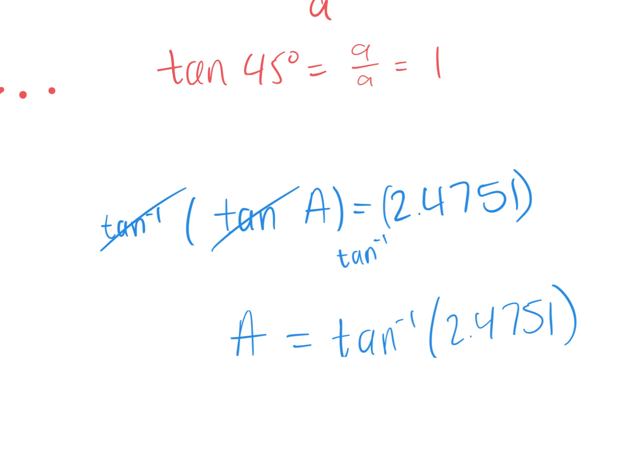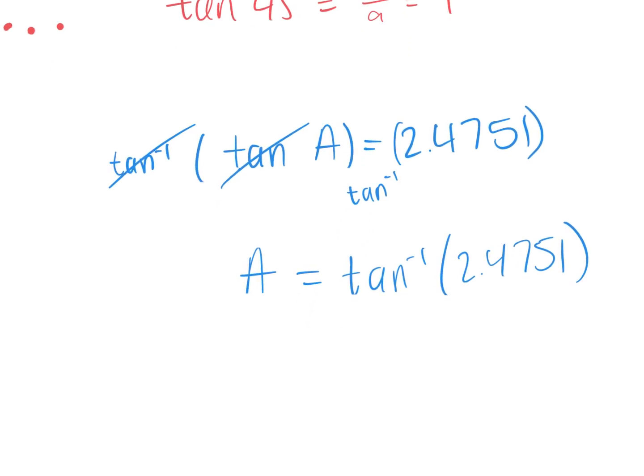Now, your calculator should have a tan inverse button. It's tangent with a -1 right above the N. I want you to find that button and plug in 2.4751 and see what you get. Okay, I got that angle A was 68.0001057.